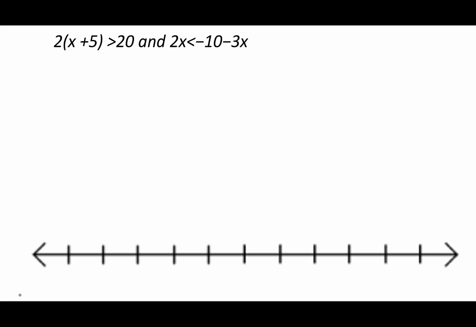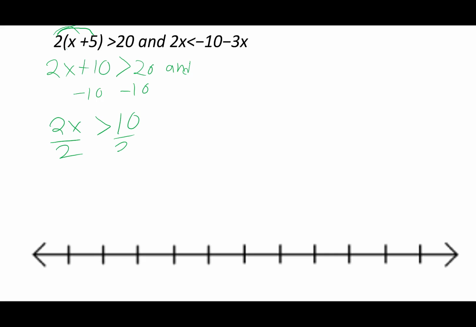All right, so I've got another and compound inequality. So I'm going to go ahead and distribute and solve these. So we get 2x plus 10 is greater than 20, and I'm going to go ahead and solve this one. Well, we'll come back to that one in a second. Minus 10 on both sides, and I get 2x is greater than 10.